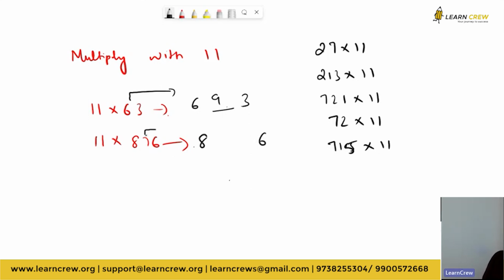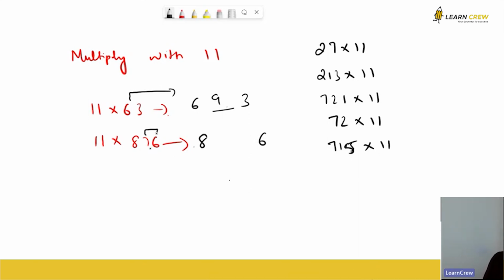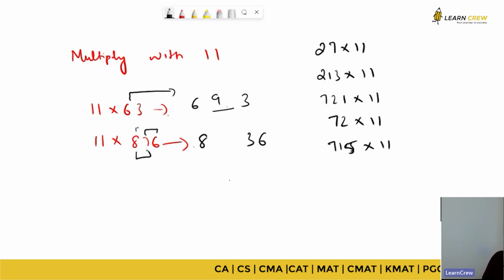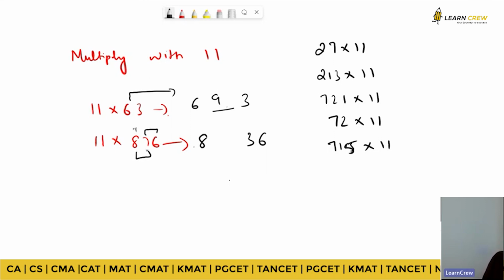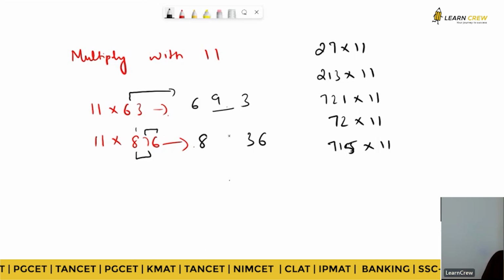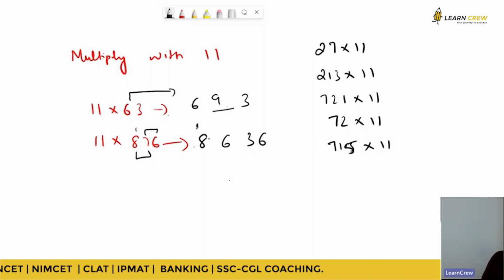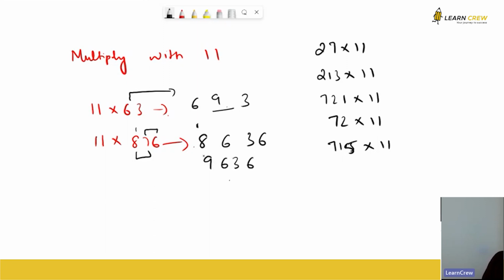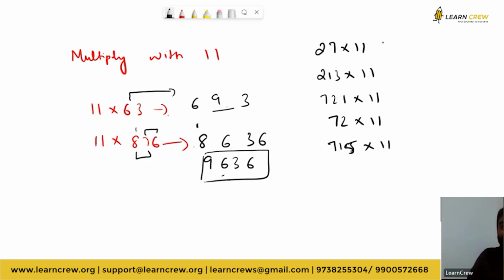Add these two numbers. It becomes 13. So 3 here, carry 1. Add these two numbers. 8 plus 7 is 15. Add 1 to it. It becomes 16. 6 here. Carry 1. 8 plus 1 is 9. 9, 6, 3, 6.